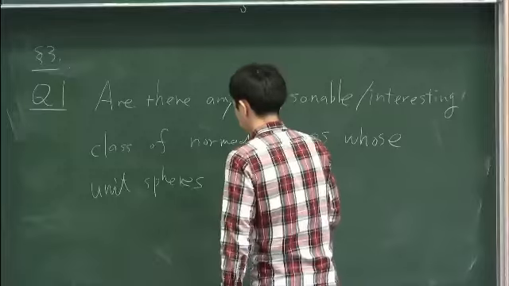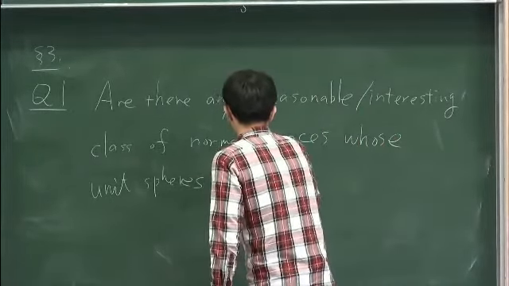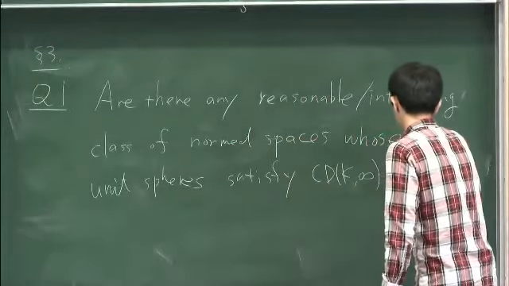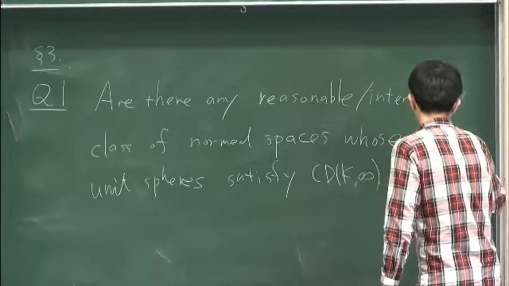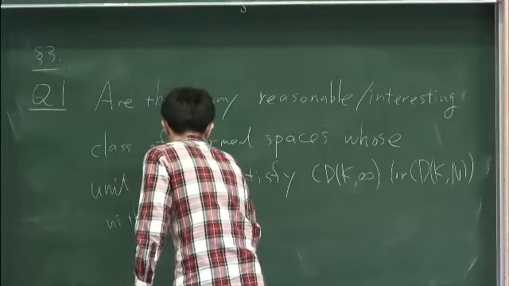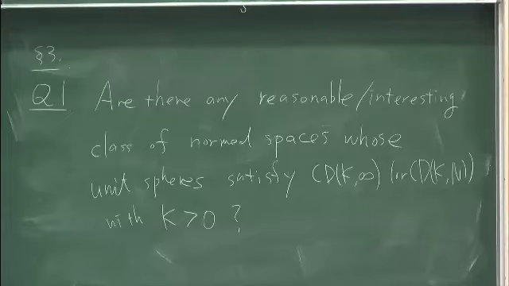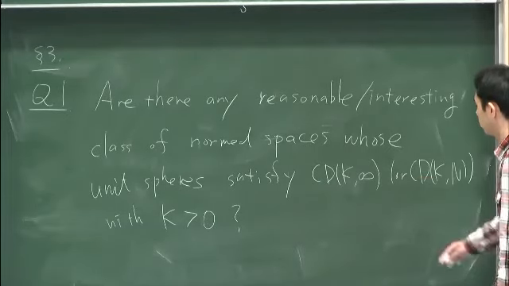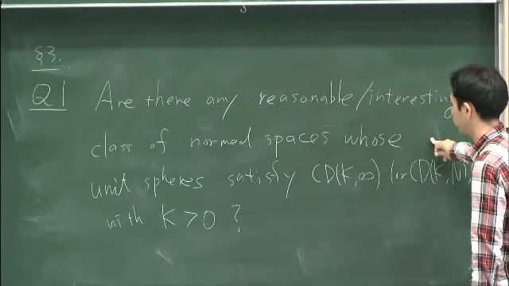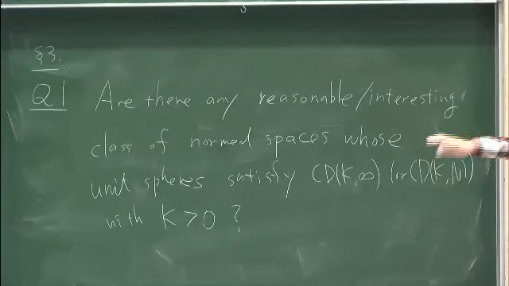And so I want to have some more quantitative estimates of unit spheres satisfying the curvature-dimension condition, or even maybe for finite length with positive K. So in a sense, I want to find some nice class whose unit sphere is positively curved in this sense.